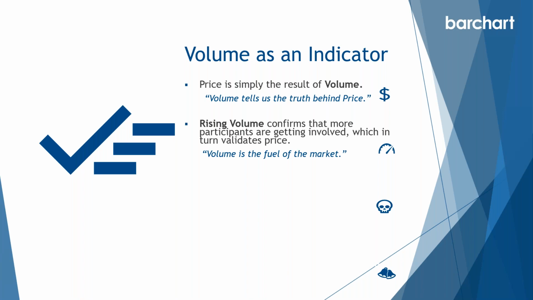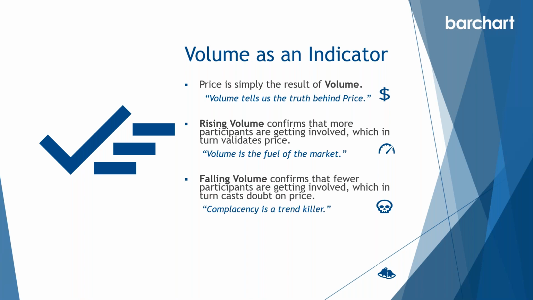We can have low volume events, we can have low volume trends, but low or falling volume confirms that fewer participants are getting involved, which in this case would cast doubt on price. And so complacency is definitely a trend killer.